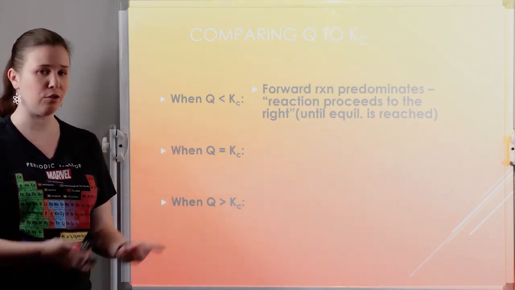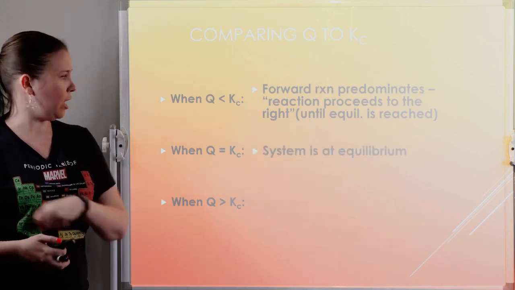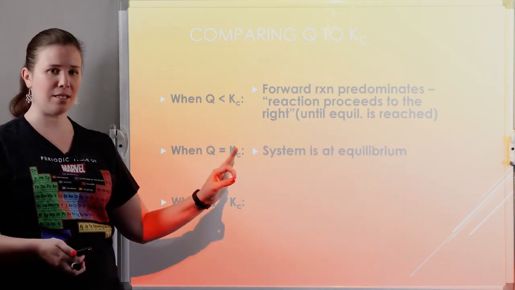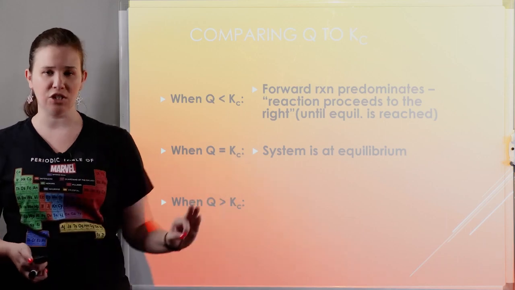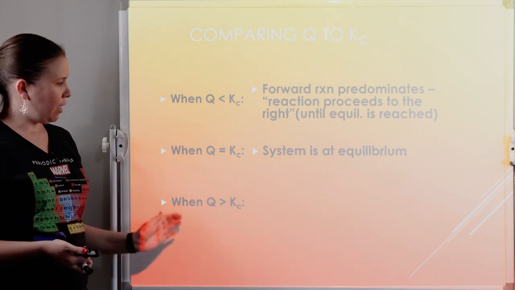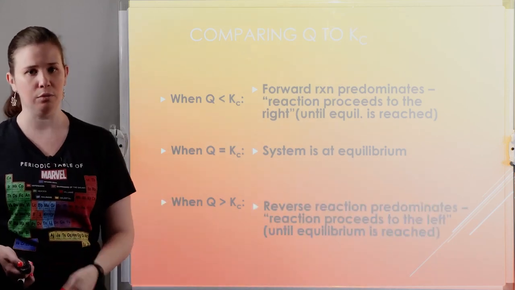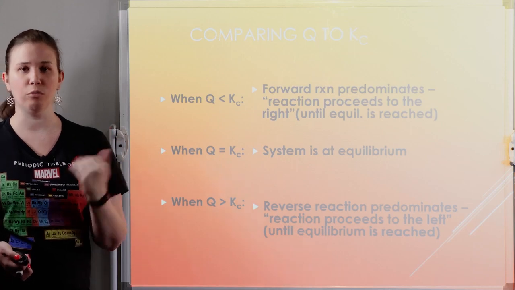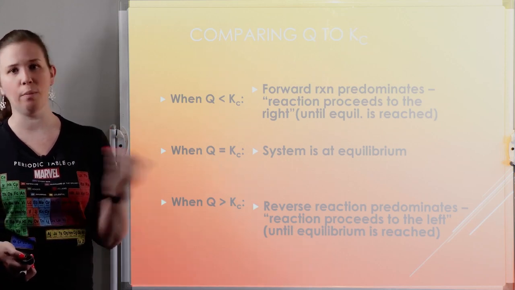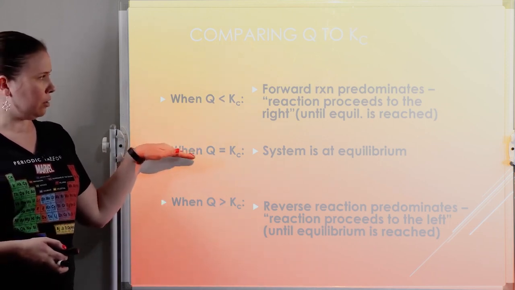I need to favor my products. If you calculate Q and it happens to be the exact same as K, that's a verification that you actually are at equilibrium. But if you calculate Q and it's higher than K, you've overshot your equilibrium and you need more of a reverse reaction. You can go backwards and favor the reactants more. So it's all about comparing Q to K.